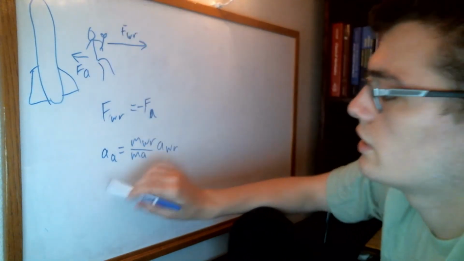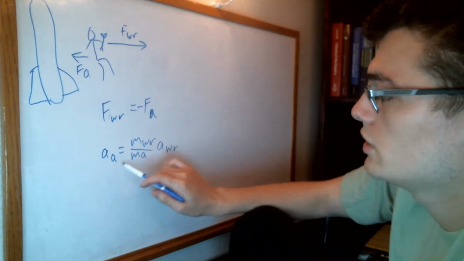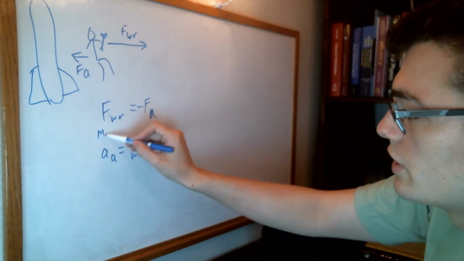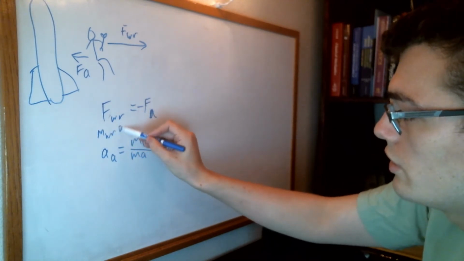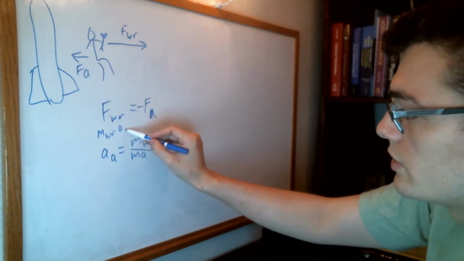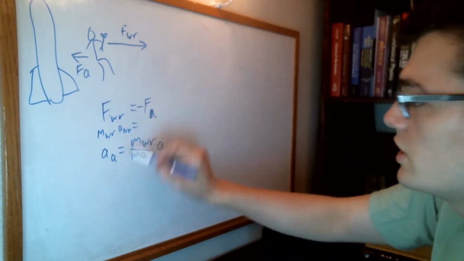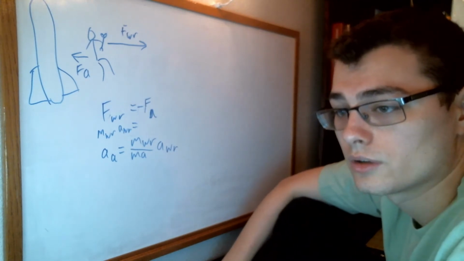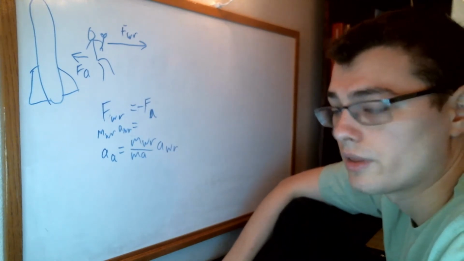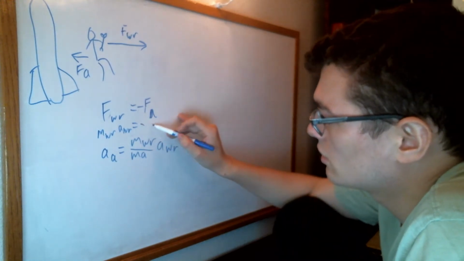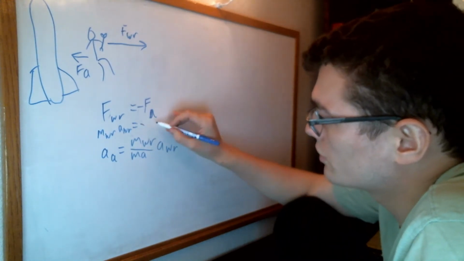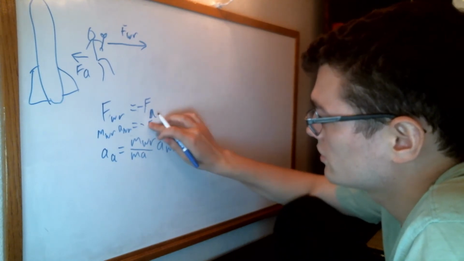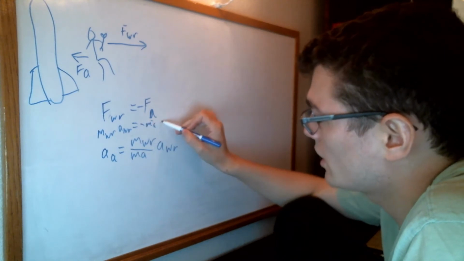The acceleration of the astronaut is going to be far less, because when we start substituting in our equations for force, F equals MA, the mass of the astronaut is going to be far larger than the mass of the wrench, if that makes sense.